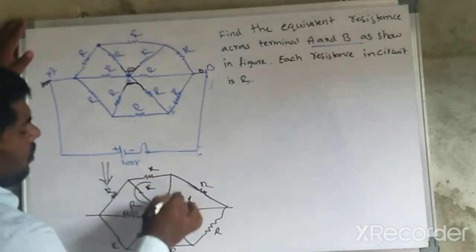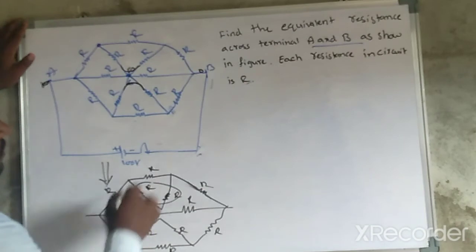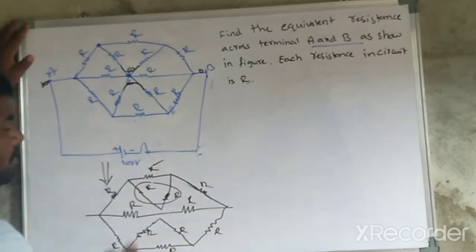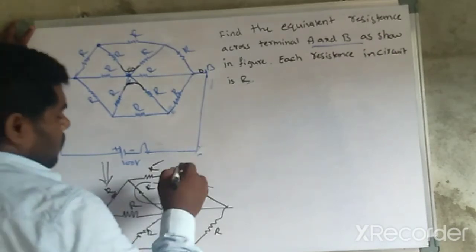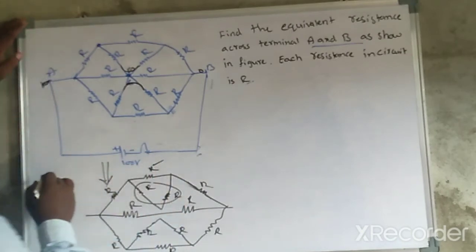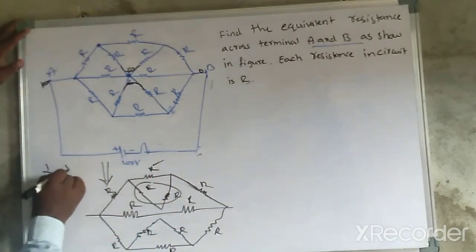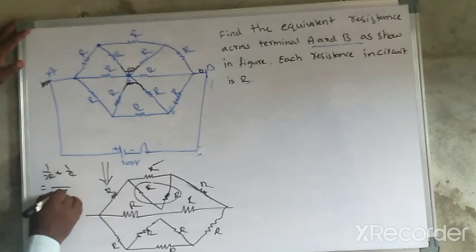So here 2R plus this R in parallel combination. In parallel combination, 1 by 2R plus 1 by R. Taking LCM 2R, into 1 plus 2.